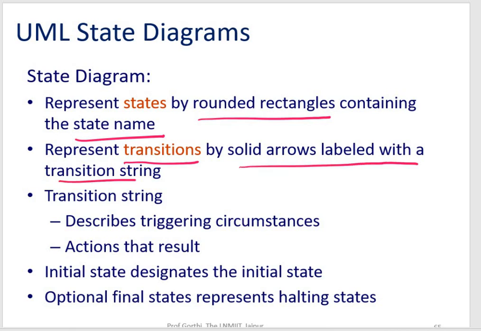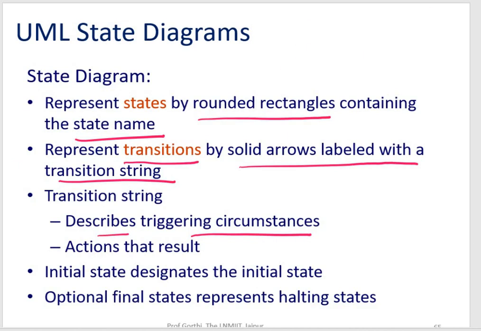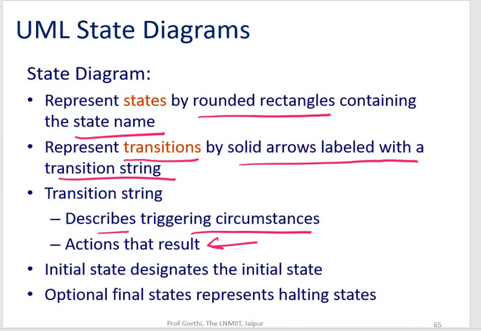That's what we are doing in this particular case. Designate an initial state and optionally one or more halt states as well. So I have this initial state, I have this final state. In between I can have some halt states as well.